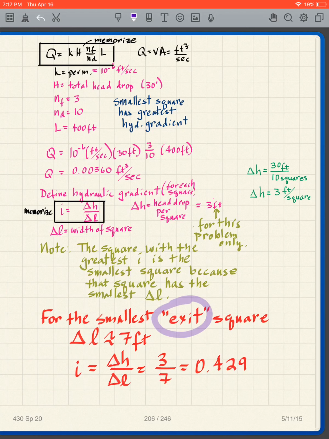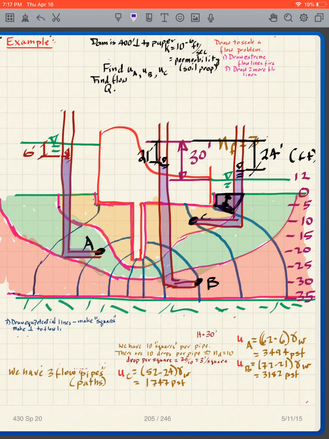We're very much interested in what we call the exit square. What do I mean by the exit square? If you look at the way the water is flowing here, it's basically flowing upward at the very end.